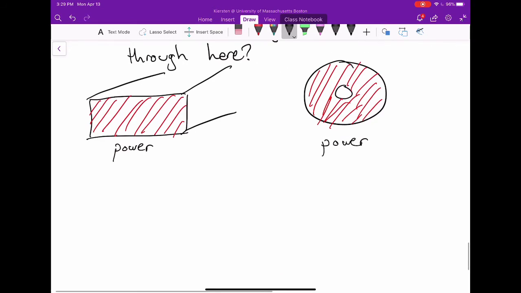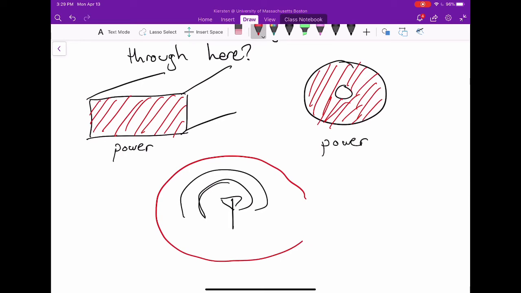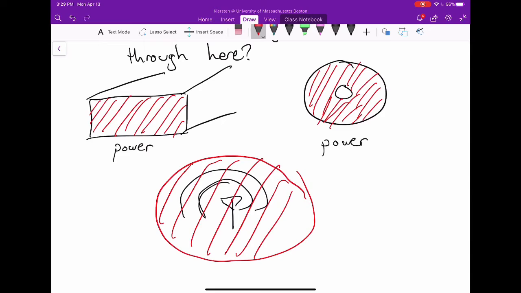And interestingly enough, if you have an antenna that's radiating, like antennas do, you can surround that antenna with a sphere and do a flux integral of the Poynting vector over that entire sphere and find the total power radiated by that antenna.